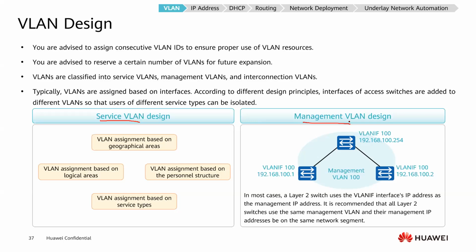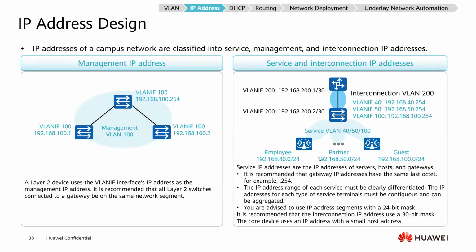Management VLAN is used to transmit the management traffic, and also the interconnection VLAN connects between two devices, as well as the IP address design. The IP addresses are for the management, the service, and the interconnection.